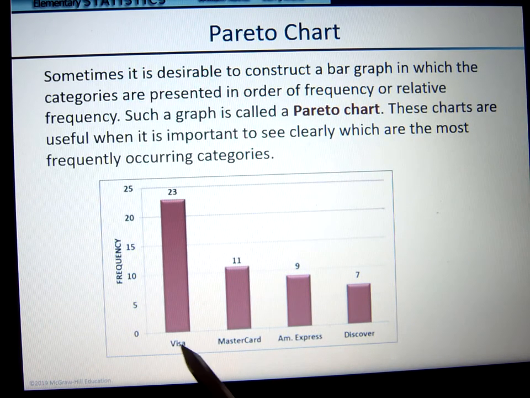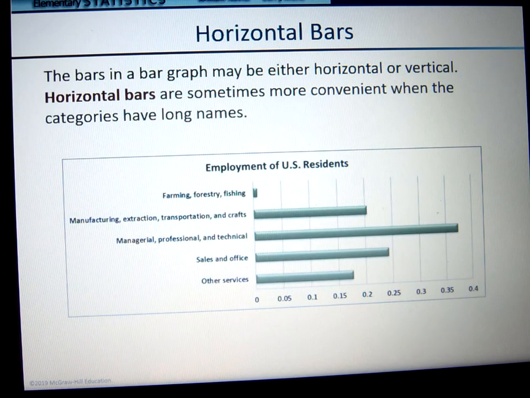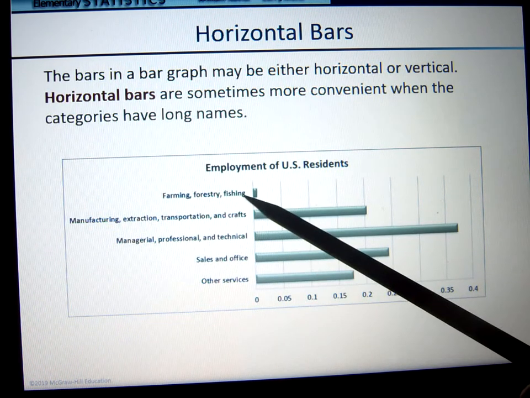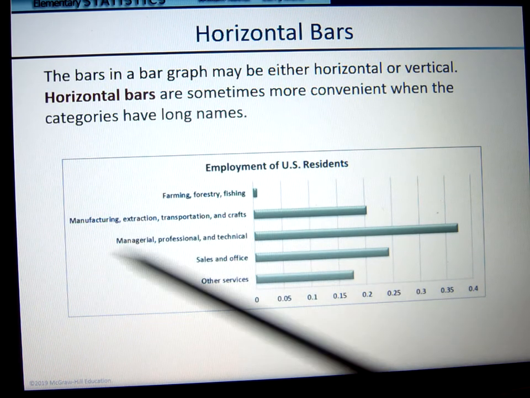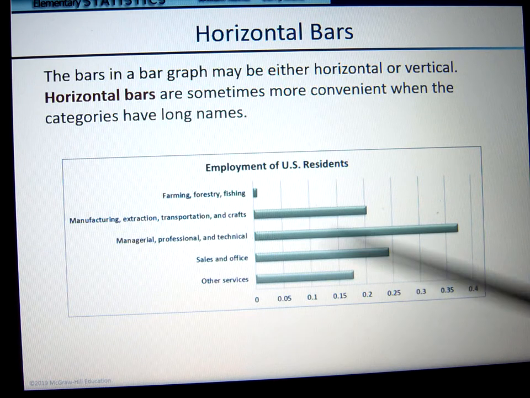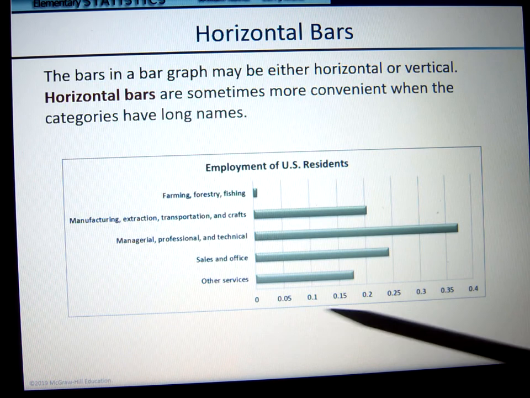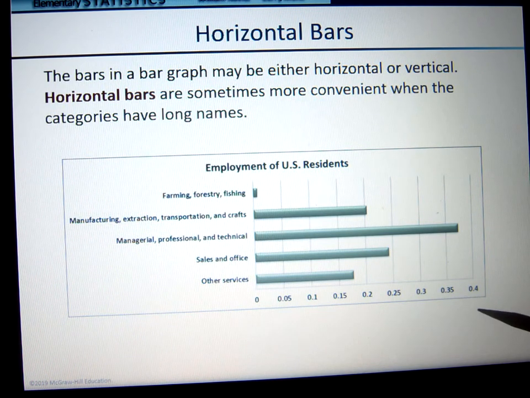We don't have a specific order at the bottom that we have to follow. Now you can do it horizontally as well. Sometimes we'll do it horizontally if we have long titles so that we can just read them like we normally would read them. And then we would put the frequency or the relative frequency on the bottom.